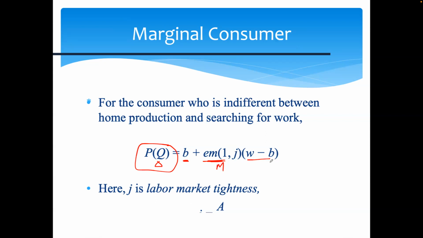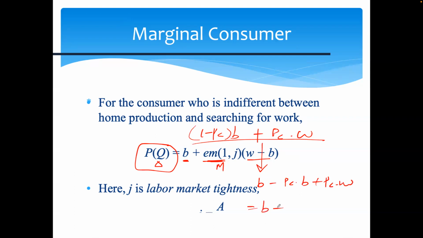Essentially, let's go back to PC. Basically, you have PC times W, plus 1 minus PC times B. Now we just simplify this: you get B minus PC times B plus PC times W, and this is equal to B plus PC times W minus B. But what's PC?